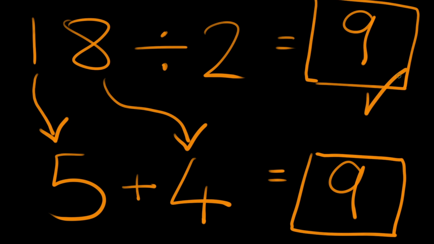Okay. Yeah. So we're going to use this strategy when it comes to dividing these large numbers by 2. But it was really important you get the hang of dividing these teen numbers because that part can be a stumbling block for some people. Yeah. So let's have a look at how we would apply that to this problem here where we're trying to divide 76 by 2. Okay. Yeah. We would look at this 7.